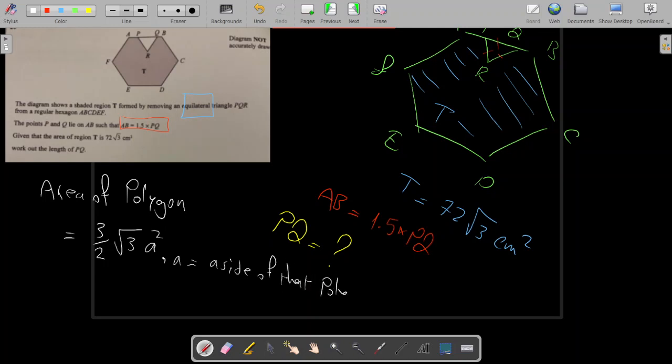Okay, so this is something you need to remember. This is the rule of calculating the area of the polygon, 3/2 square root 3 of a square.